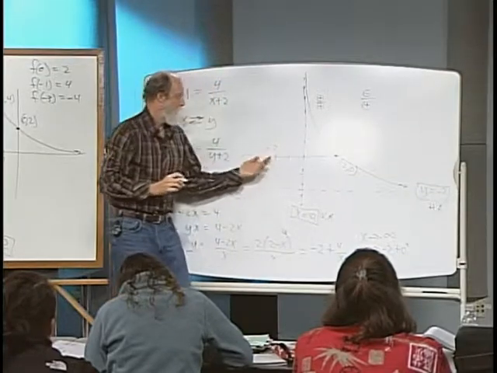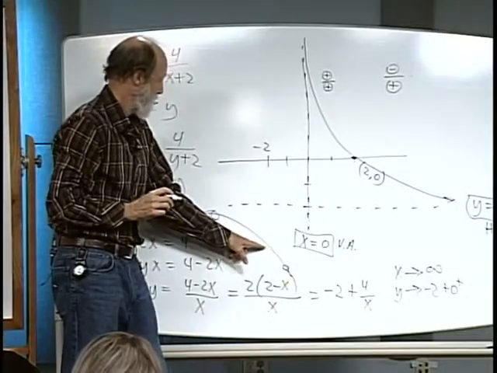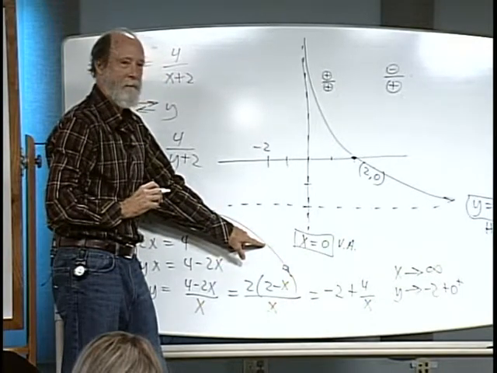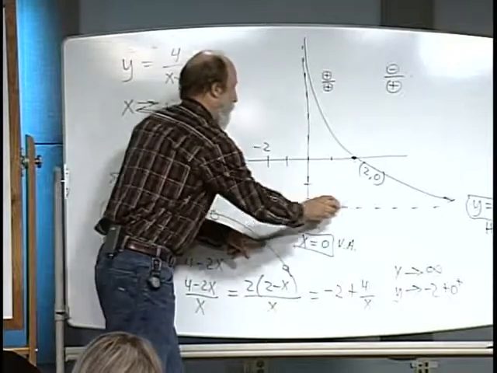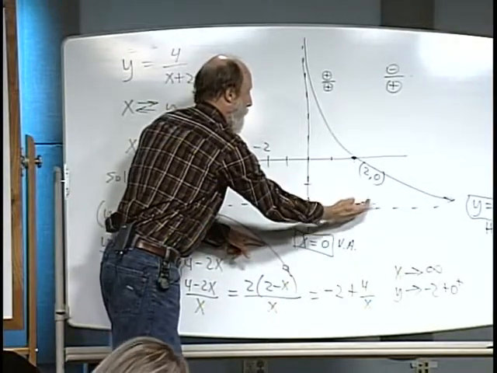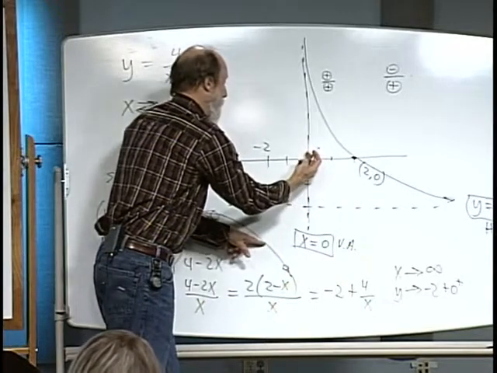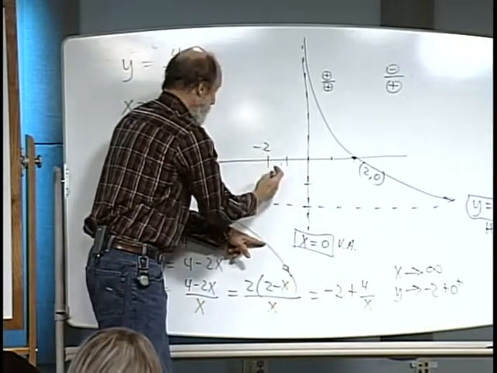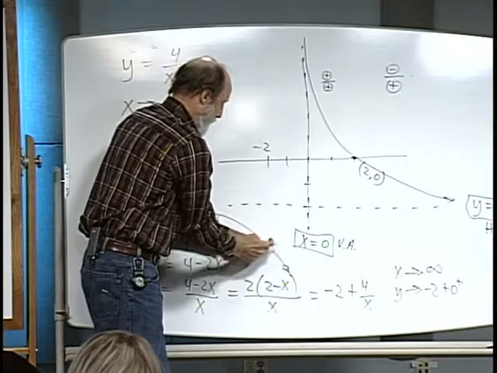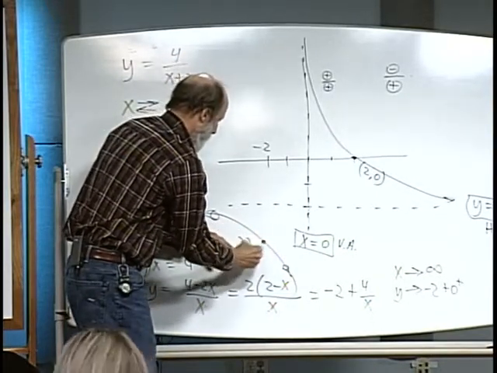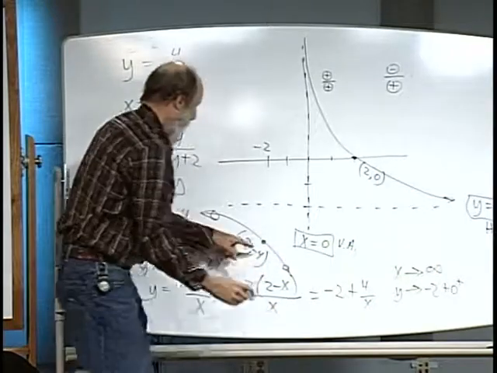Right? And then how far down is it going to be? What's this value going to be down here, folks? Look, if you're over to the right, and you're up 2 off the horizontal asymptote, then it makes sense that if you go symmetrically over here, you're going to be 2 below this asymptote, down at -4. Let's check it out by looking at the algebra.